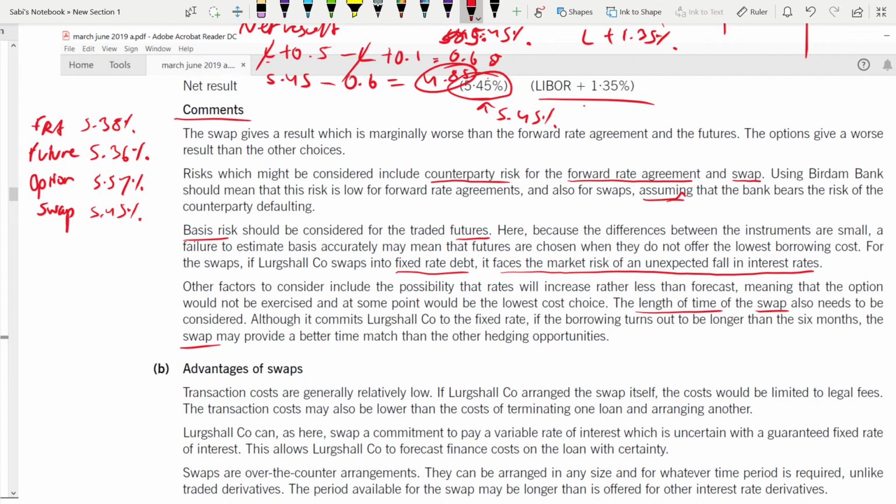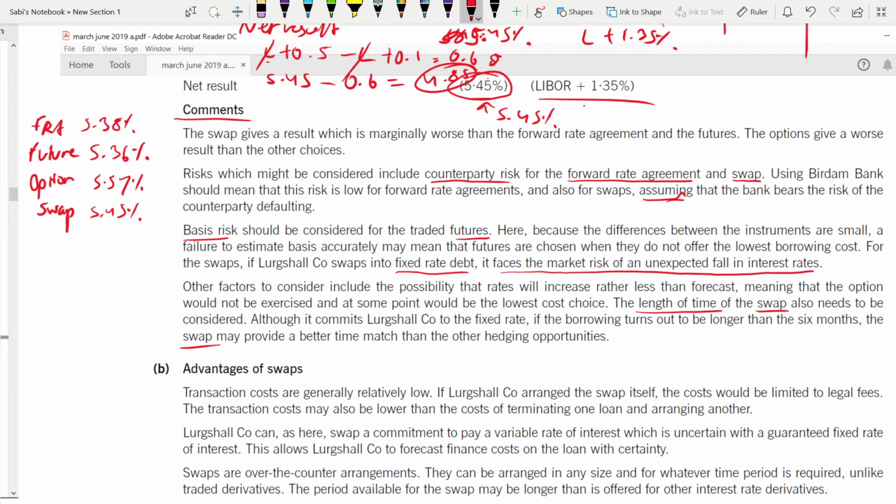Now, from individual to individual, this can differ. Looking at the data, you might say future is the option since future is giving the lowest rate. That is also acceptable. Your marks will not be cut for saying that. So don't think that because they said swap, I also have to say swap. You can even write future because it is giving the lowest. You can even write option. Option is not so likely in this case, but you might say that if the interest rate does not rise and falls down, then option would be a better choice compared to others.